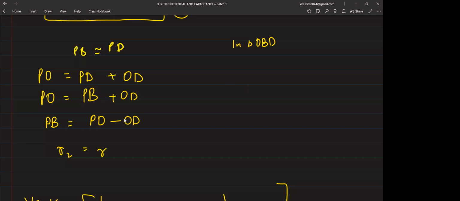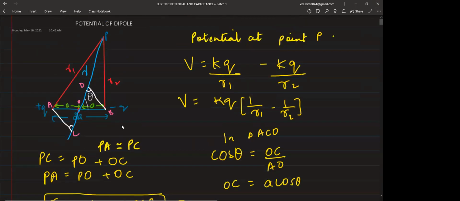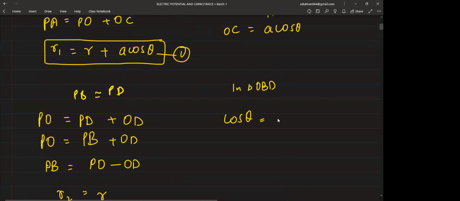Now again OD. If you write cos theta in the smaller triangle, see what all things are present. This is the theta. So you have OD by OB, right?